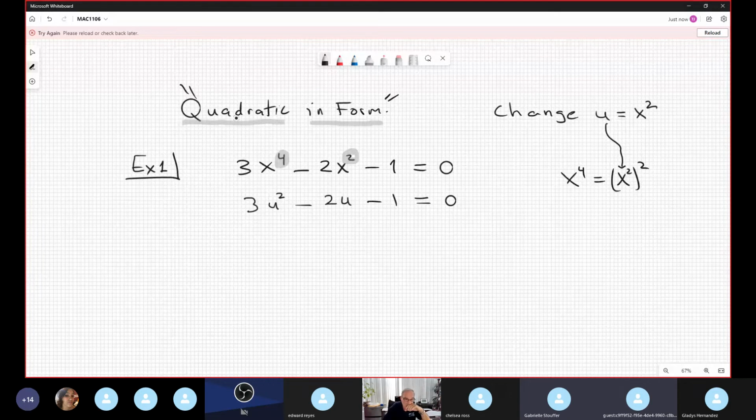This new equation actually is a quadratic equation, in which A is 3, B is -2, and C is -1.